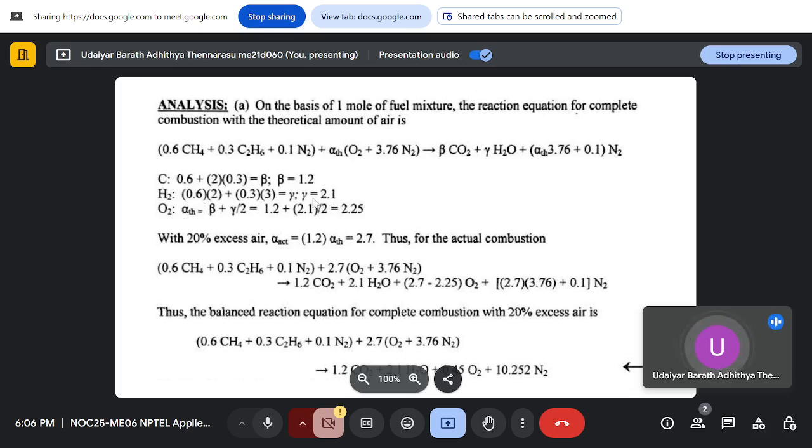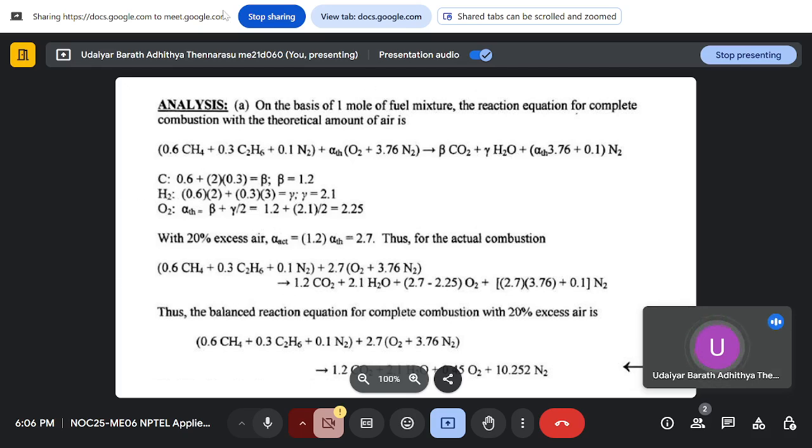Next is the O2 balance. On the right side, alpha equals beta times 1 for CO2 plus gamma by 2, since there is one O in water and no O2.